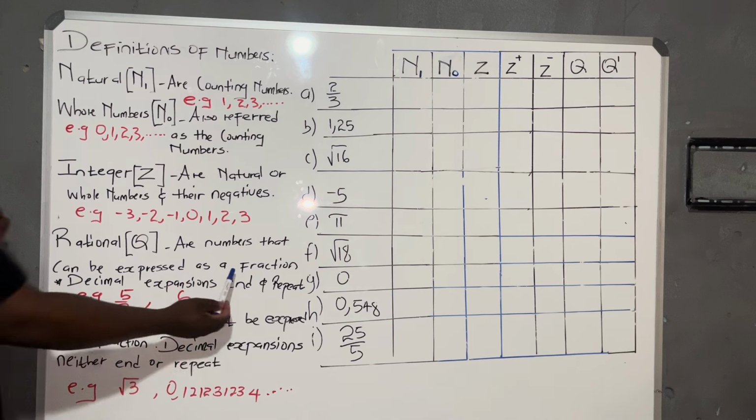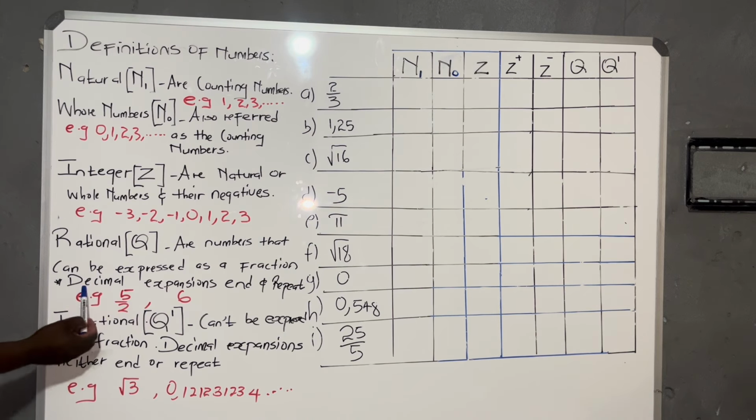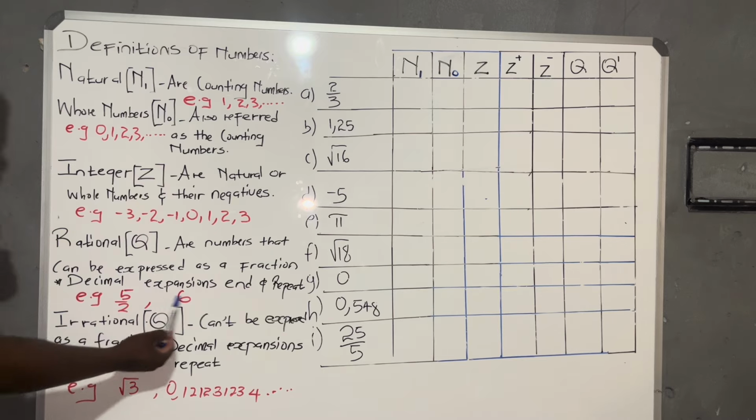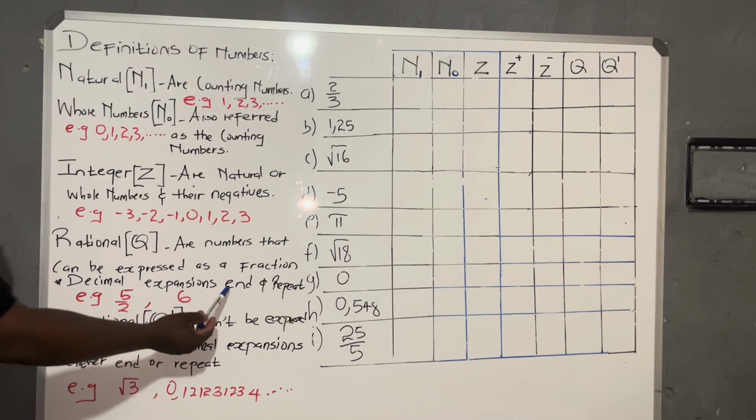However, we've got quite different types of fractions, because even a decimal is also a decimal fraction. We've got a mixed fraction. But now let's try to understand. It can be a fraction, yes, but when it comes to the decimal expansion, it ends. That means you will find a number that is a decimal, but it just ends.